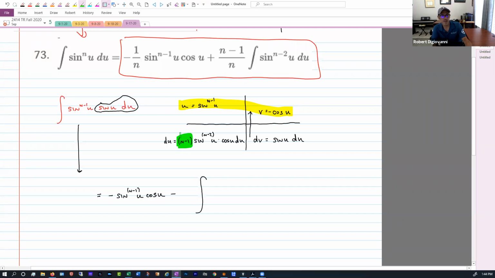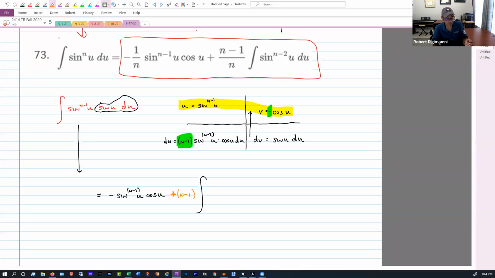N minus 1 is a constant, right? Negative 1 in front of the cosine is a constant. So I can change that in the front there to be a plus, and then in parentheses n minus 1. Is that all right? Constants came out.